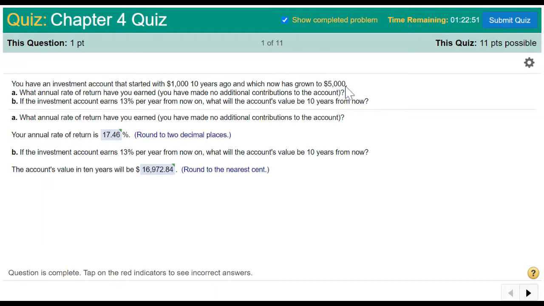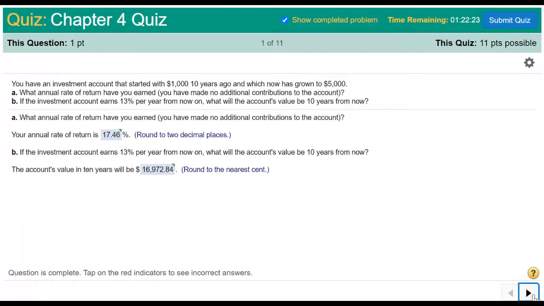So now N equals 10, I/Y equals 13, payment is 0, present value is 5,000, and then you compute for future value. You're going to get 16,972.84. Okay? Got it. Thank you.